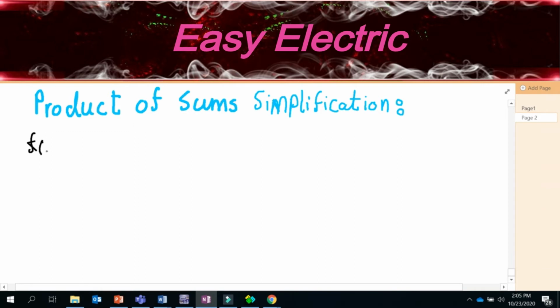The function f is a function of x, y, z, and w.